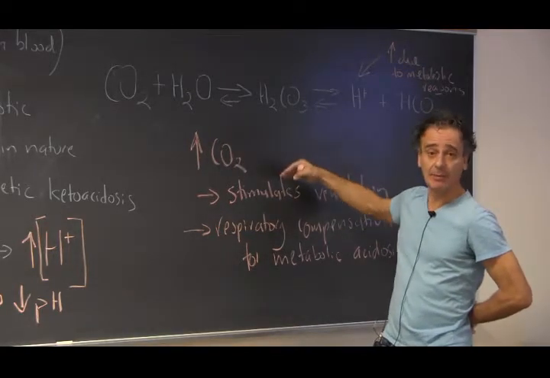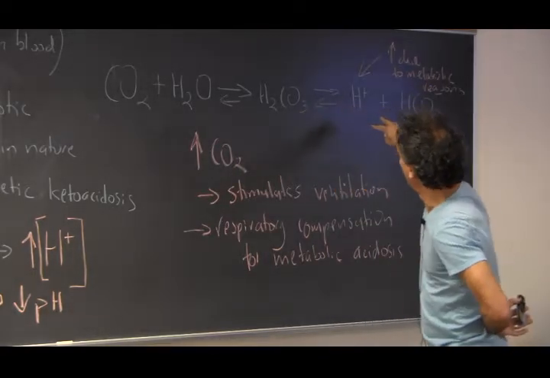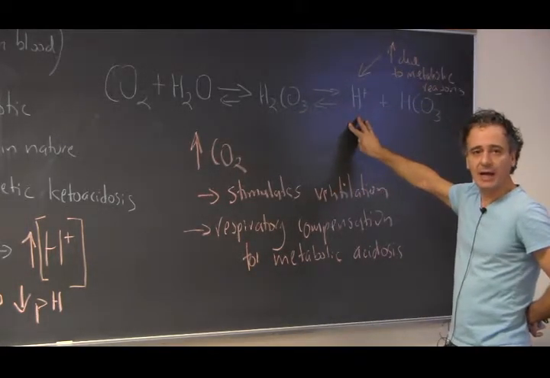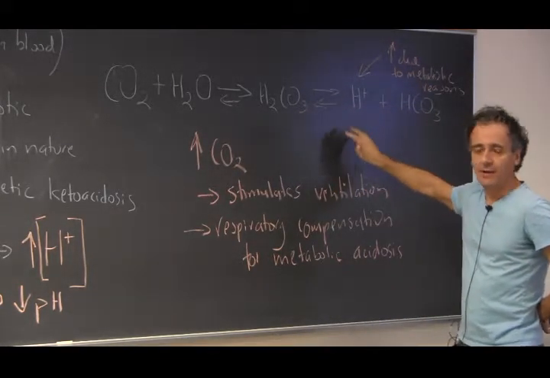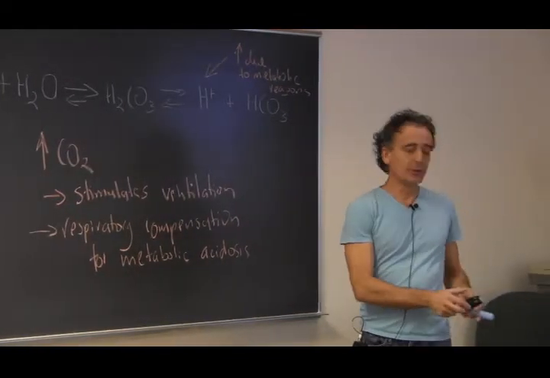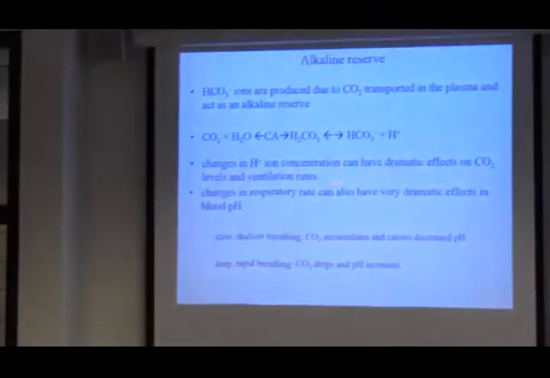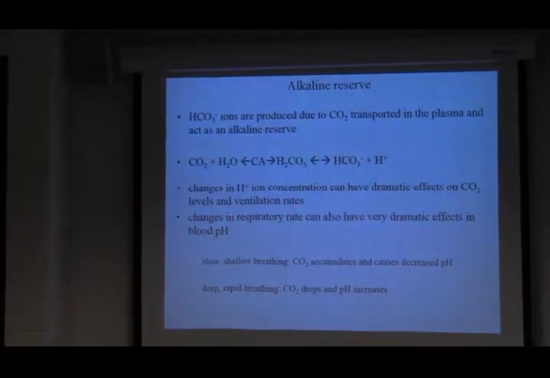This simply buys time. But the point here is that changing the levels of hydrogen ion in plasma for metabolic reasons can dramatically affect CO2 levels and ventilation rates. And that's what we have outlined as this first bullet here.